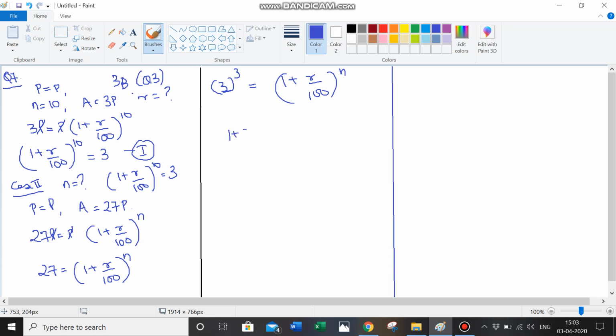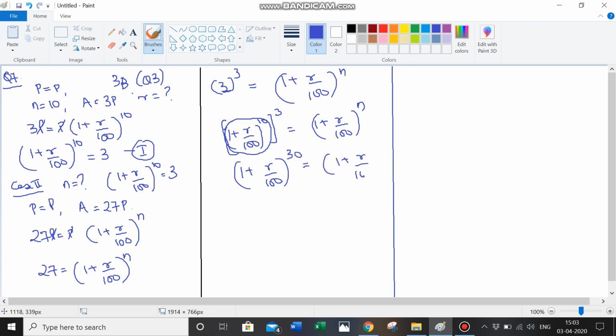So 1 plus R upon 100 raised to the power 10, raised to the power 3, because this value is only equal to 3. So 3 cube is equal to 1 plus R upon 100 raised to the power N. Multiplying the exponents, 1 plus R upon 100 raised to the power 30 is equal to 1 plus R upon 100 raised to the power N. Therefore, N is equal to 30.